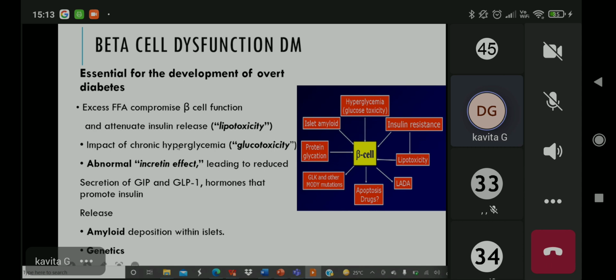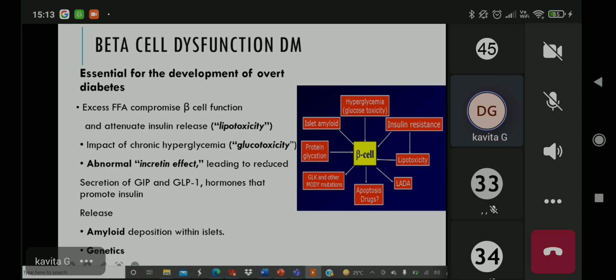Second thing is, long standing hyperglycemia leads to a second effect, called glucotoxicity. And the third thing is incretin. Incretin also is a molecule abnormally produced in diabetes, which is reducing the secretion of GIP and GLP-1 hormones that promote the insulin release.